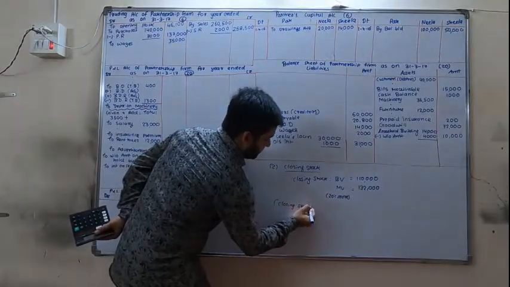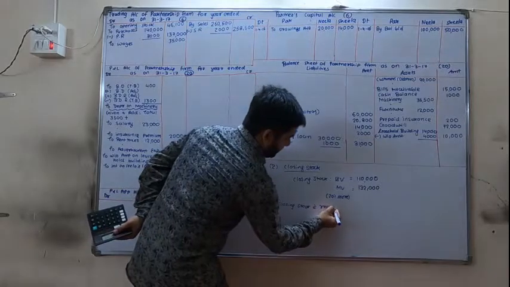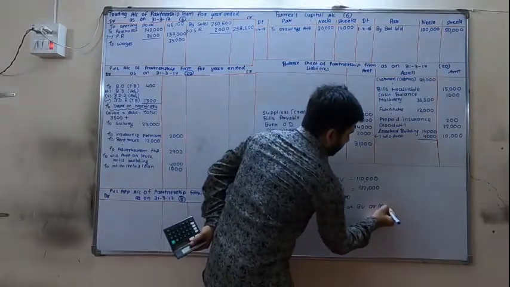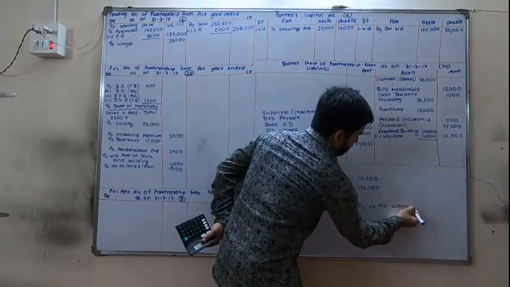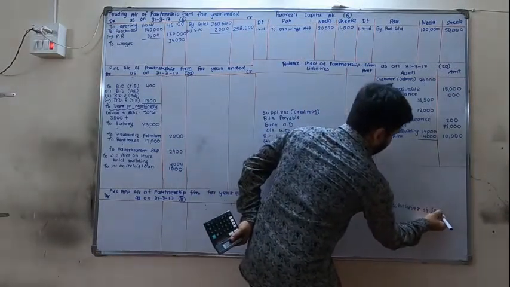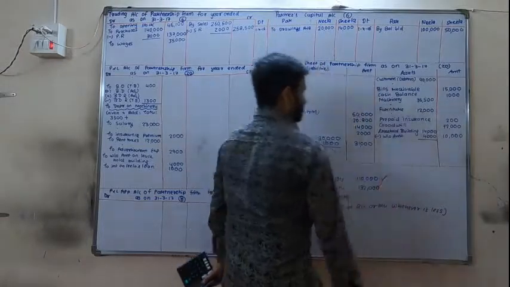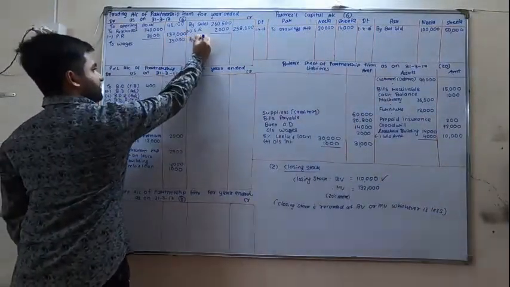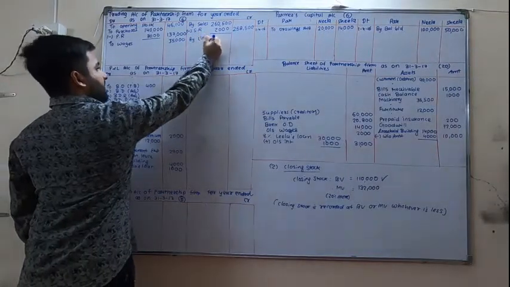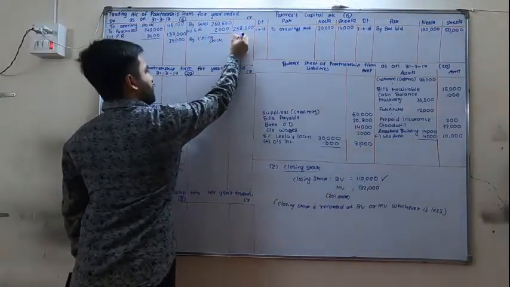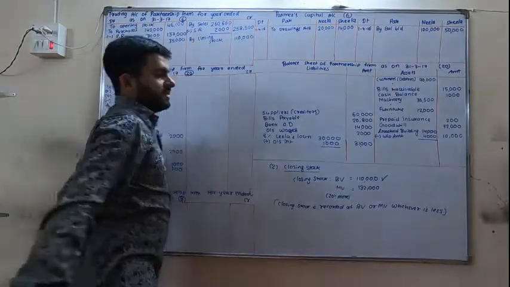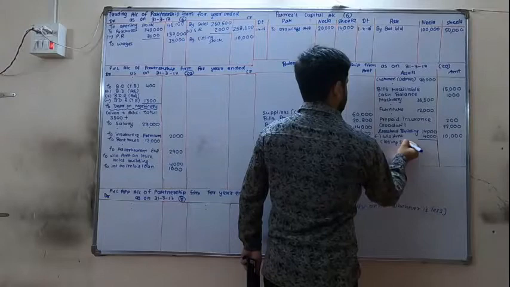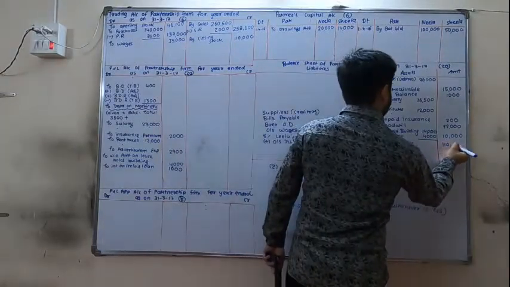So the lesser amount is 1,10,000. So trading credit, by closing stock 1,10,000. Next, on the asset side, closing stock 1,10,000.